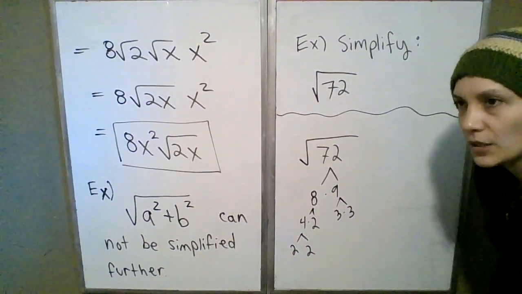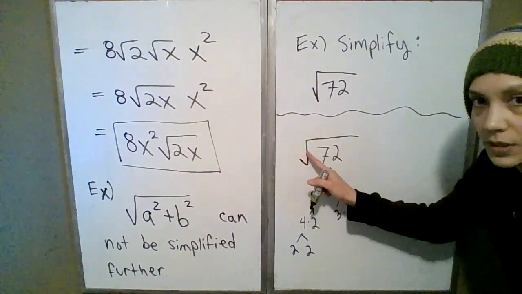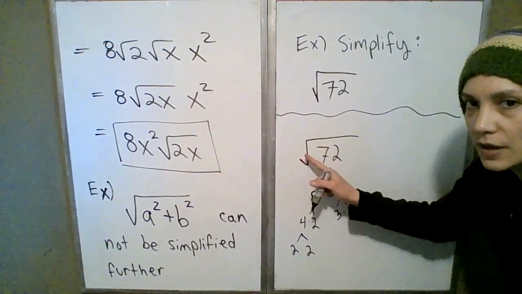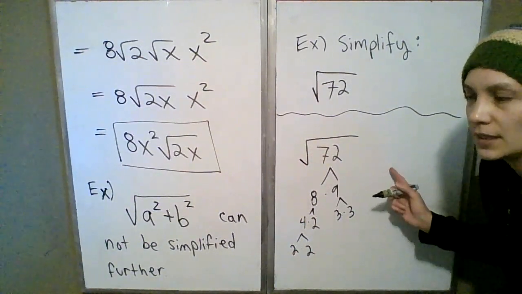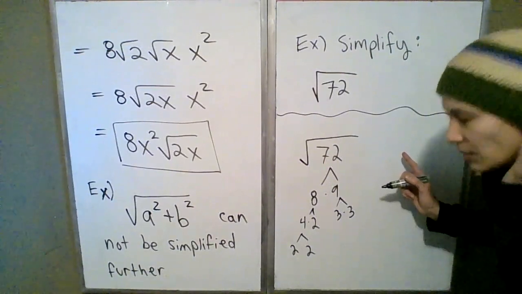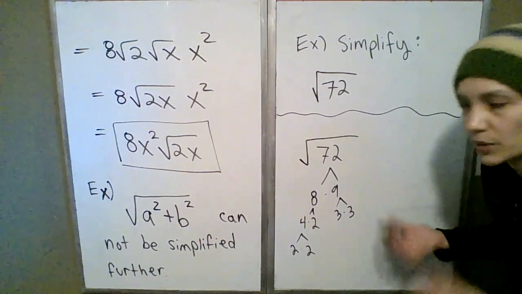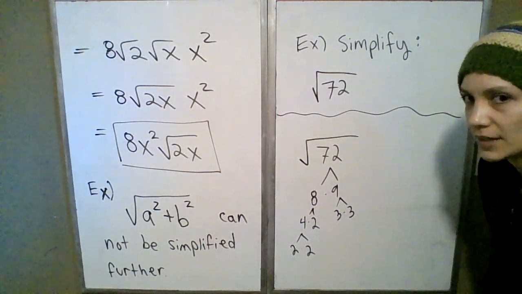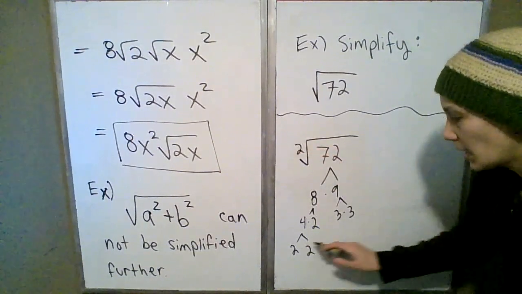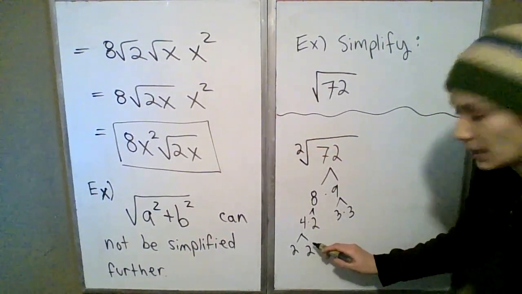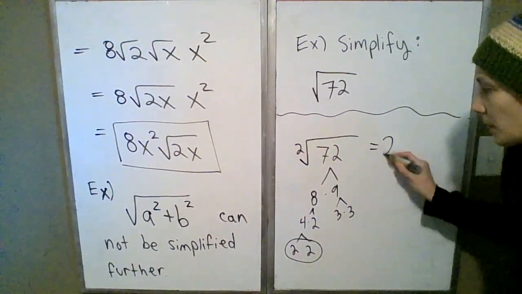Okay, so this is how I used to explain it as a tutor. So you have a square root. If you can find pairs of factors, that number can come out from under the root. And maybe next time I'll try to remember, if you have a cubed root, then you want 3 of the same factor. If it's a 4th root, you want 4 of the same factor. And then that factor comes out from under the root. So with your square root, I can bring out pairs. Like this pair of 2s gives me a 2.